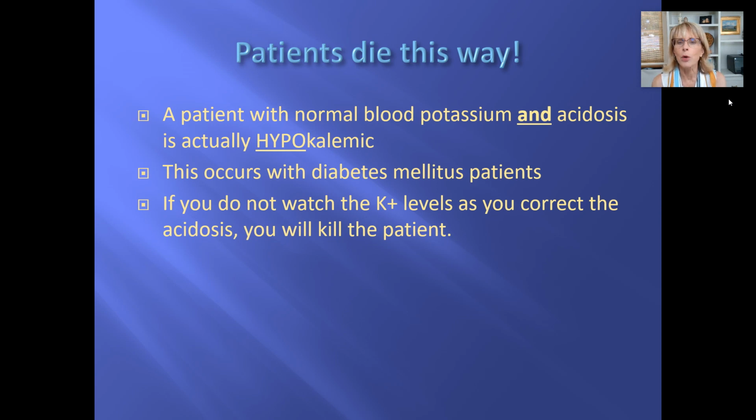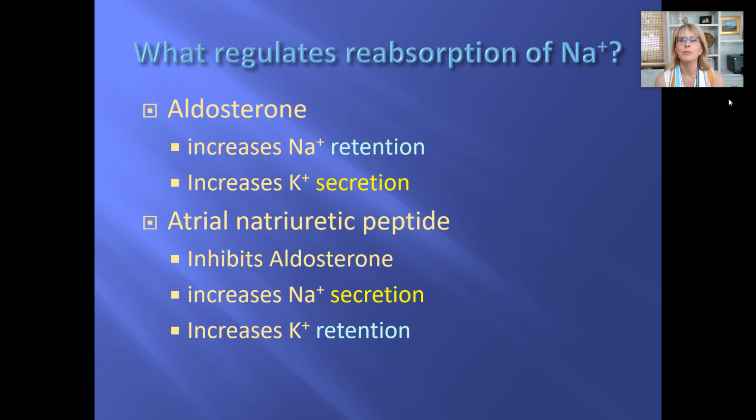A patient with normal blood potassium, but who also has acidosis, that is a critically hypokalemic patient. This happens with diabetes mellitus patients, particularly those who have been vomiting. If you don't keep correcting their potassium levels as you correct their diabetes and their acidosis, you'll kill the patient. So don't let it happen.